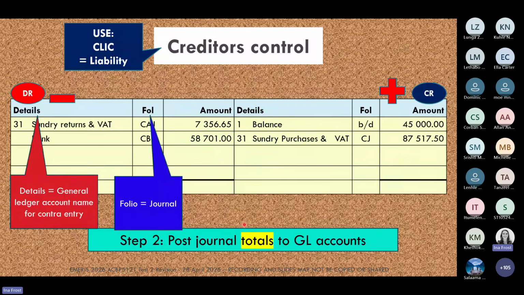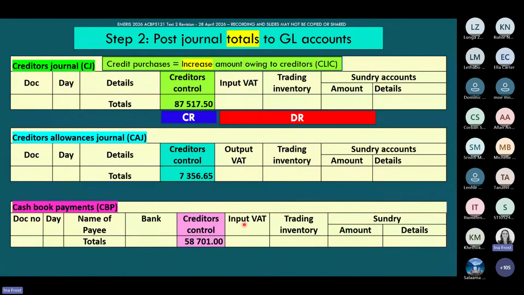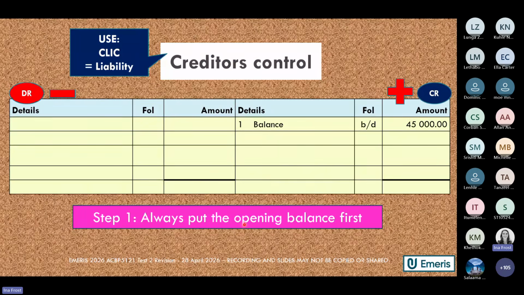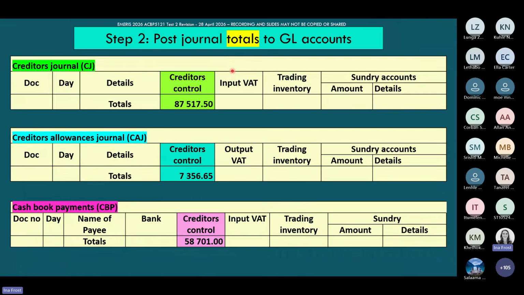Okay, I think it needs a bit of a recap. I've now said quite a few things here, so let's recap quickly. So for your creditors control account, step 1, opening balance in, always on the credit side. Step 2, we're posting from the journals. We post journal totals from creditors journal, creditors allowances, and cash book payments.